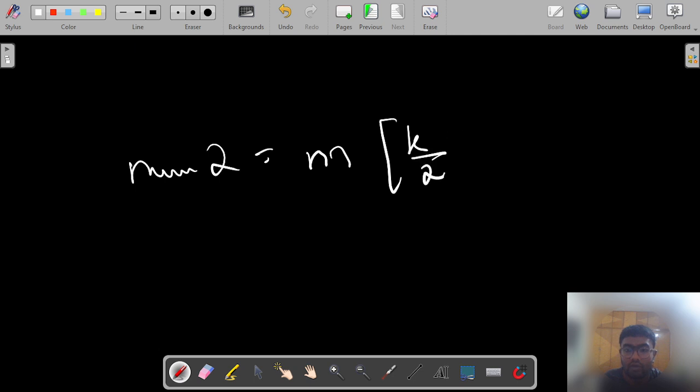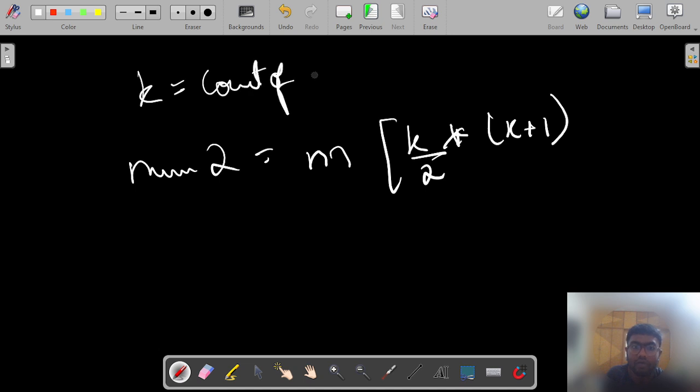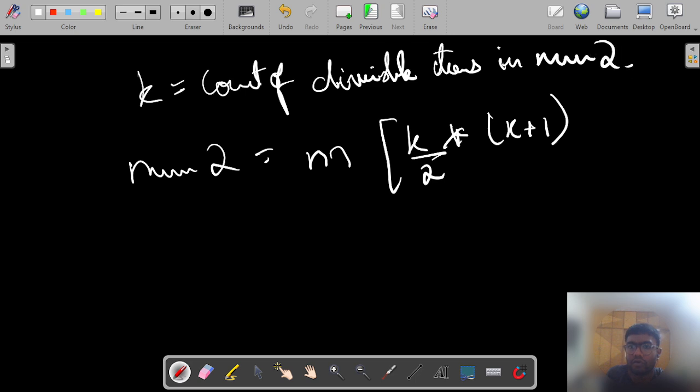So we can calculate the nums2 value like this: m into k by 2 into k plus 1, where k is equal to the count of divisible items in nums2.